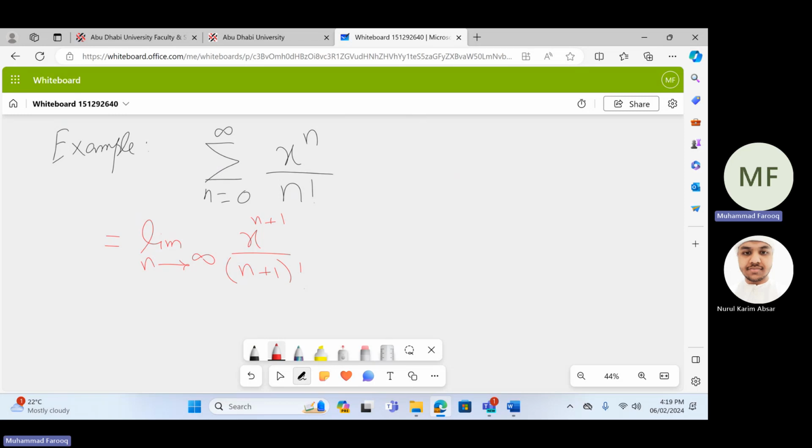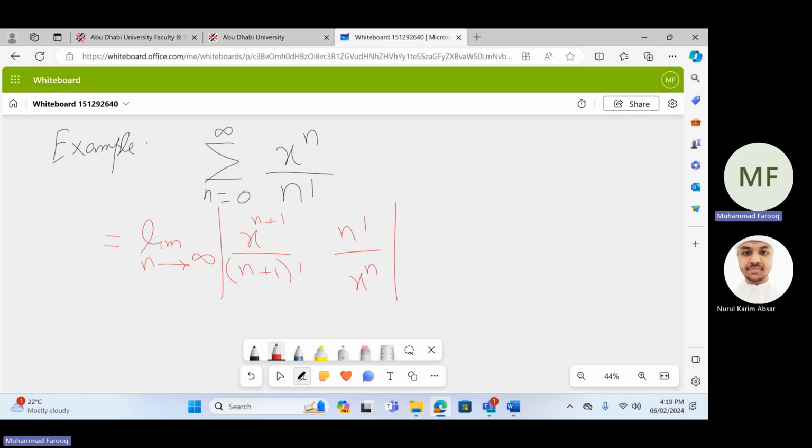Divide by the a sub n term, so times the flip, n factorial divided by x power n, with absolute value. Why did I select the ratio test? Because we have a factorial. That's why I told you, don't use the root test if you have a factorial in your question.